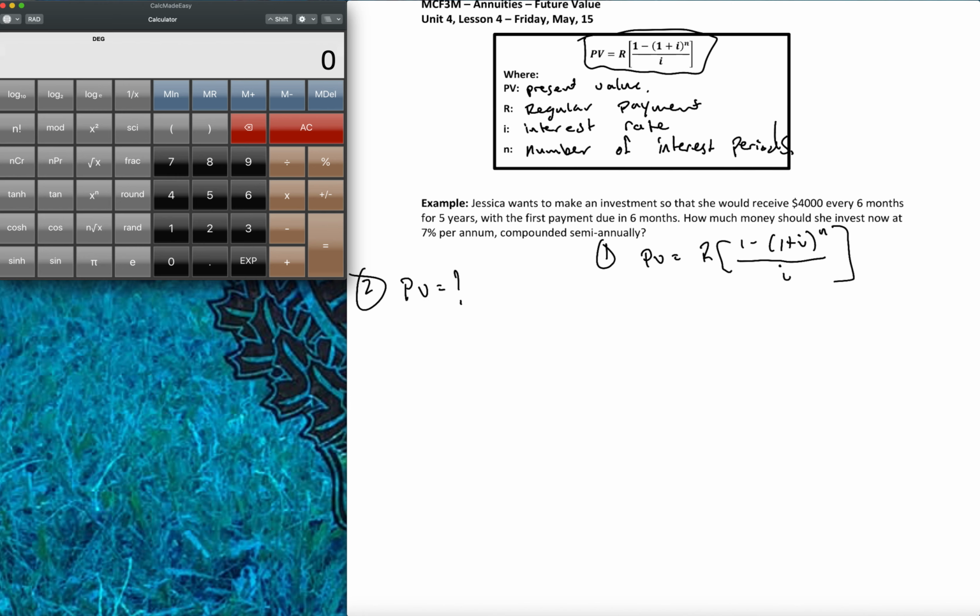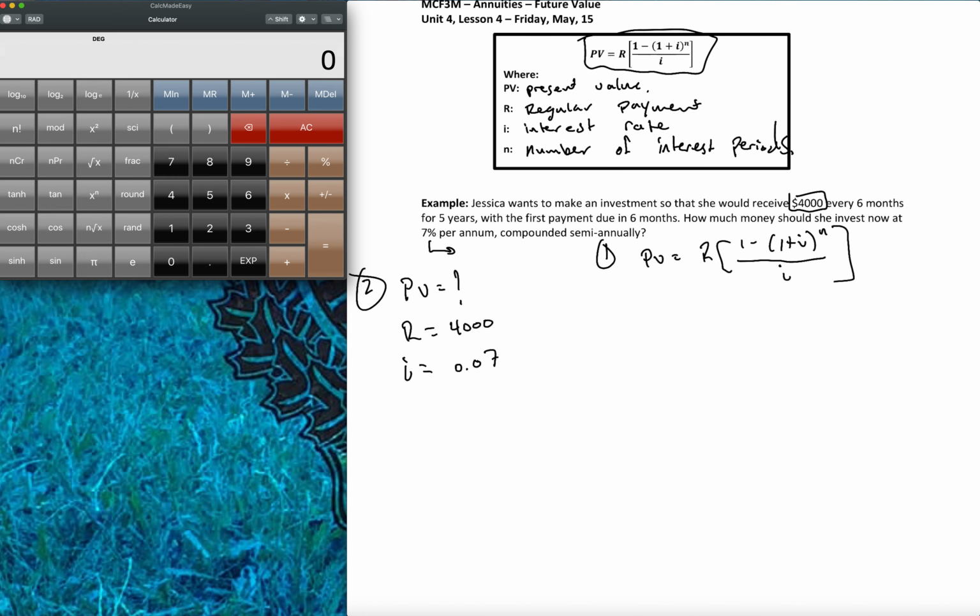She wants to receive $4,000 every 6 months. So the R value, the regular payment, is going to be 4,000. The interest rate is no different than anything else we've done so far. This particular investment is going to earn her 7% per year, so 0.07 per annum, and it gets compounded semi-annually.